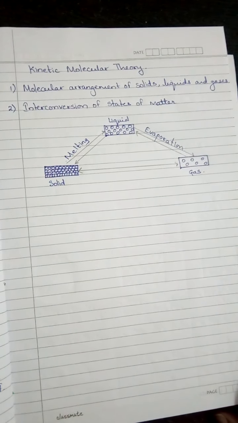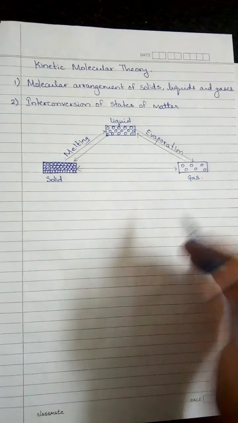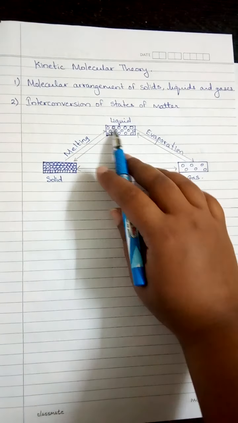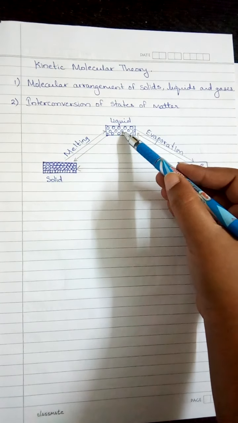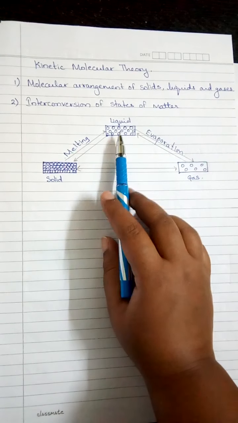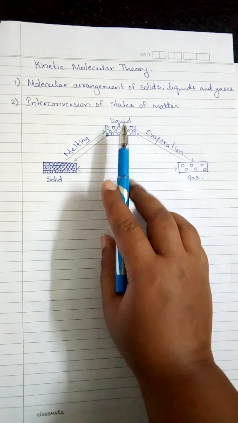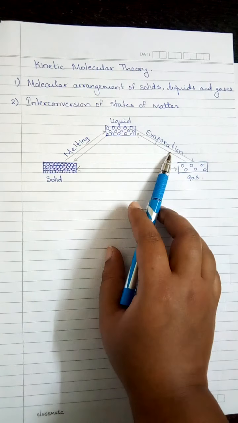This we often see when we heat some water. So when increasing the temperature, if we increase the temperature of a solid, it will change to liquid by melting. If we increase the temperature of a liquid, it will change to gas by evaporation.